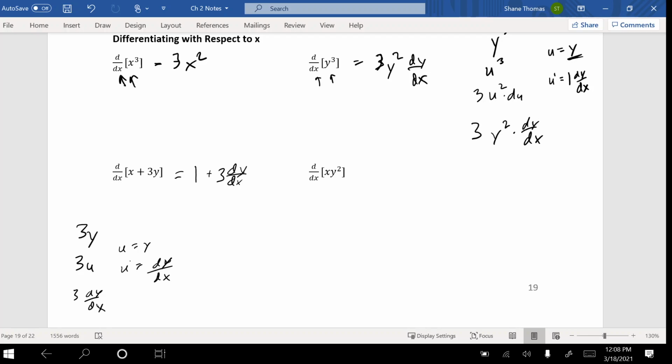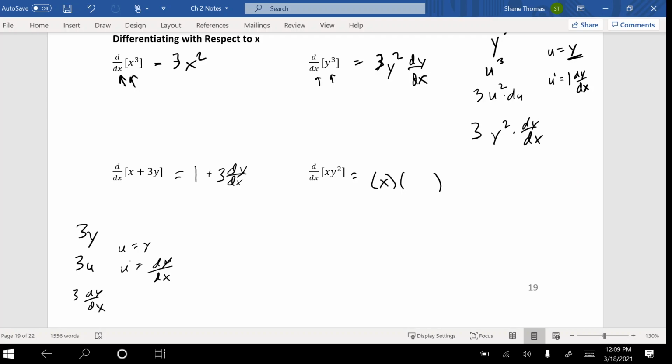So this guy's a power rule, right? So we have x times y squared. Power rule, or not power rule, sorry, product rule. We have to use our product rule here, 1d2 plus 2d1. Okay, what's my first term here? x. That one's simple. Now I have to do the derivative of y squared.